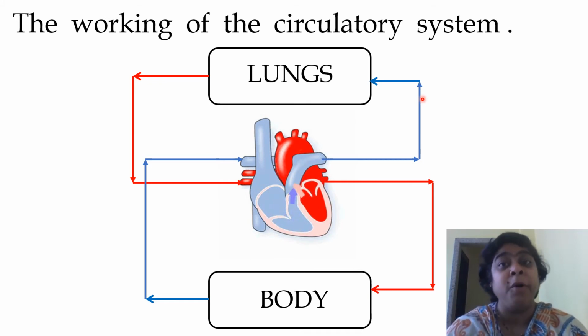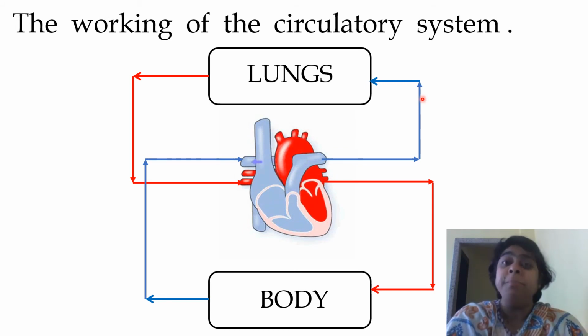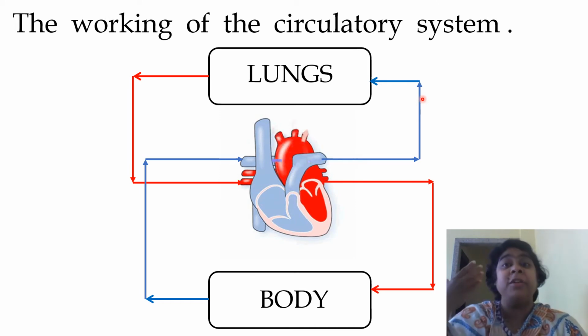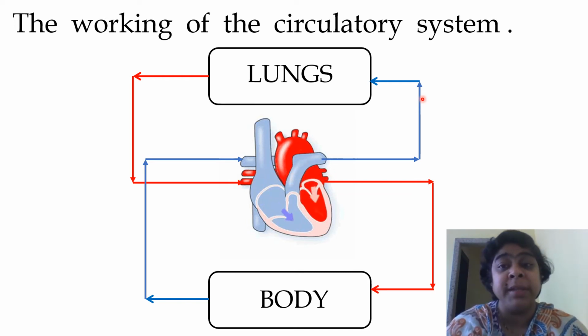It is very important for you to remember this, that the arteries carry oxygen rich blood from the heart and take it to the other parts of the body, and veins carry the deoxygenated blood or carbon dioxide rich blood from the other parts of the body to the heart. Okay, so you must remember this and see the arrows carefully that I have used in this diagram.